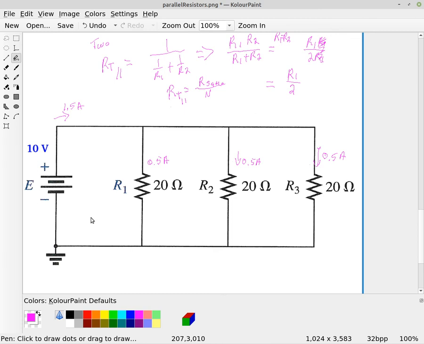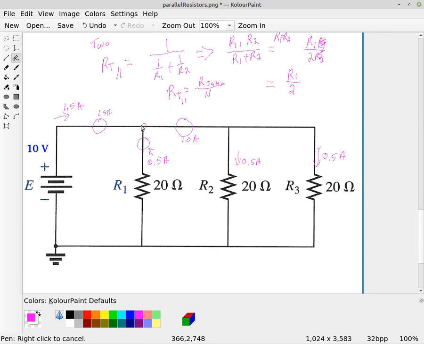Right. And so if we were to measure the current right here, we would have 1.5 amp. If we measured the current right here, we would have half an amp. If we were to measure the current right here, we're going to measure 1 amp.